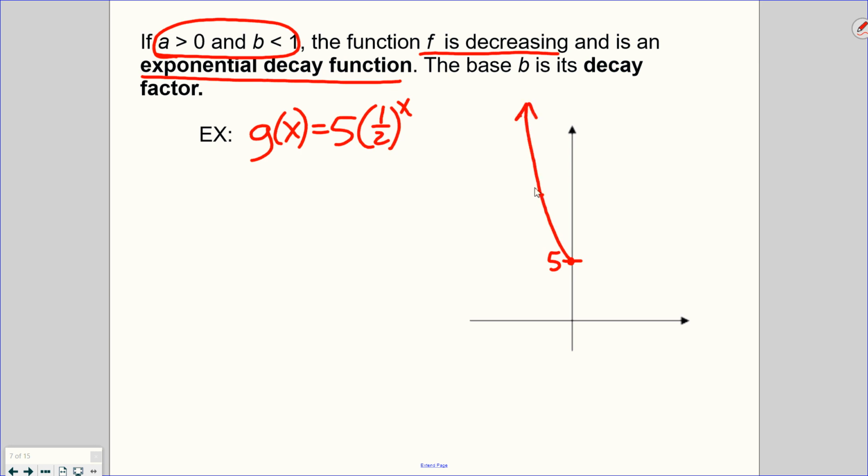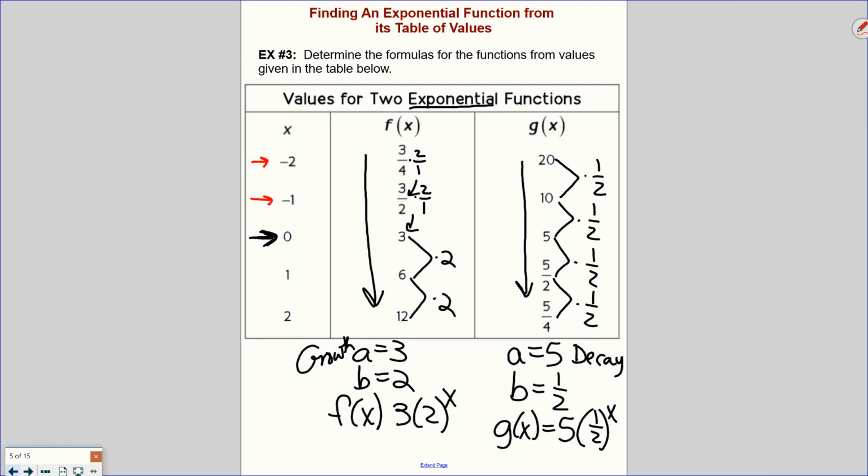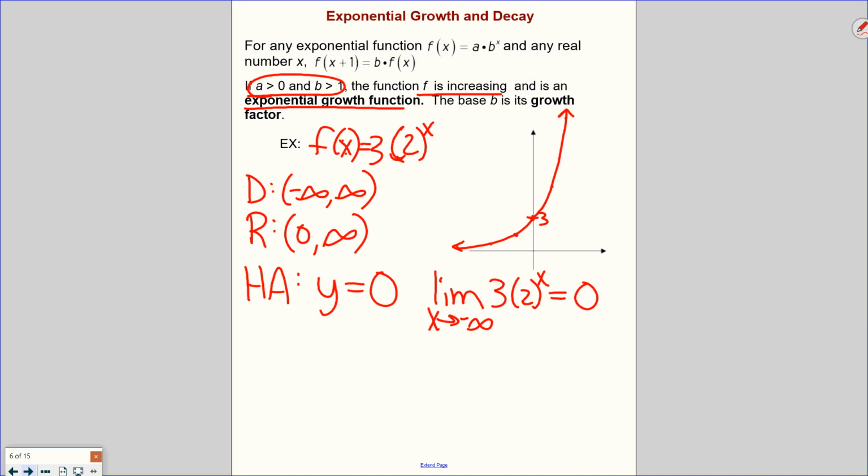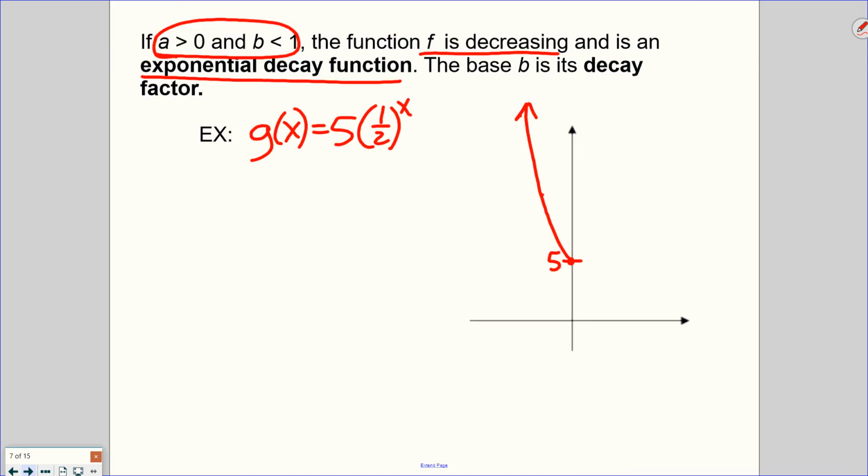And then when I went to the right on some of my points, when I plugged in 1, I had 5/2, and 2, I had 5/4. So 5/2 is 2.5, so I'm about halfway here, and then I'm down, so again, it's going toward 0 again. So this is a decay graph, so it is decreasing and going down. You still have a horizontal asymptote of y equals 0. That hasn't changed. The difference is the direction.